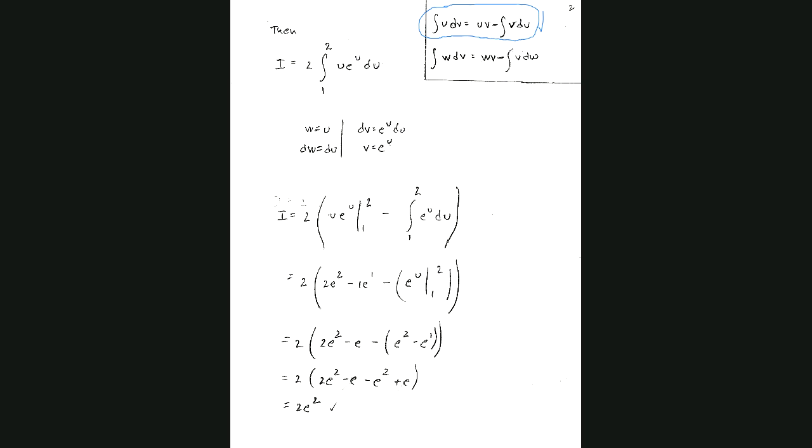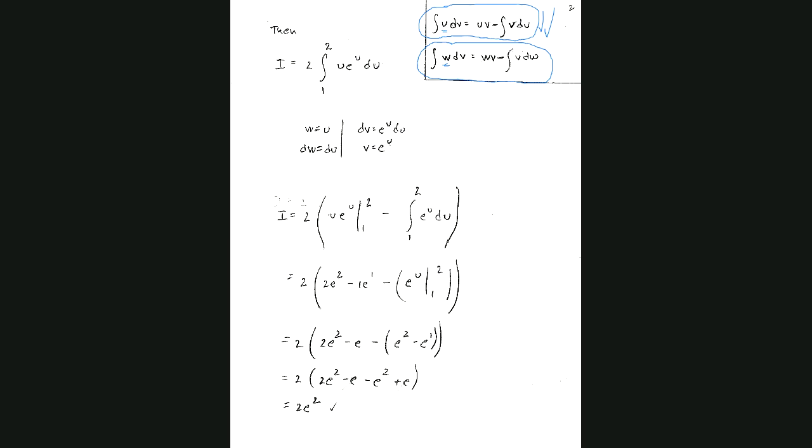The thing is, I've already used my u variable to make a substitution in this problem. So it's confusing if I say let u equal u and dv equals e to the u du. I don't want to reuse a variable I already used. So I'm going to make another integration by parts formula with w in place of u.